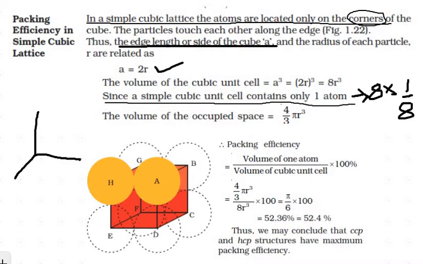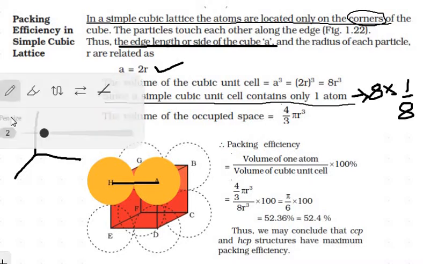Now this you need to remember. How are you going to remember? See, if I am talking about these yellow colored atoms A and H, what will be the internuclear distance from this surface? And what will be the internuclear distance from this surface?